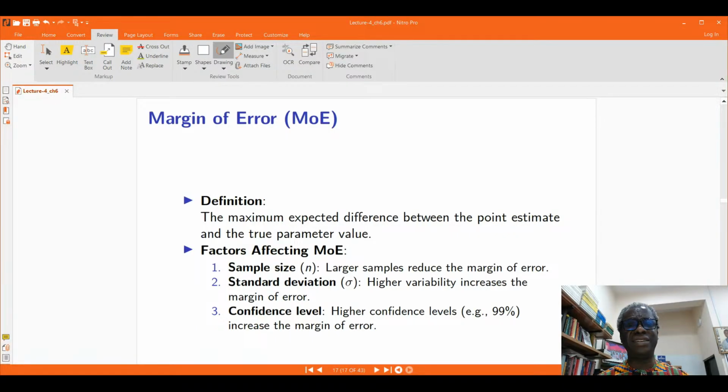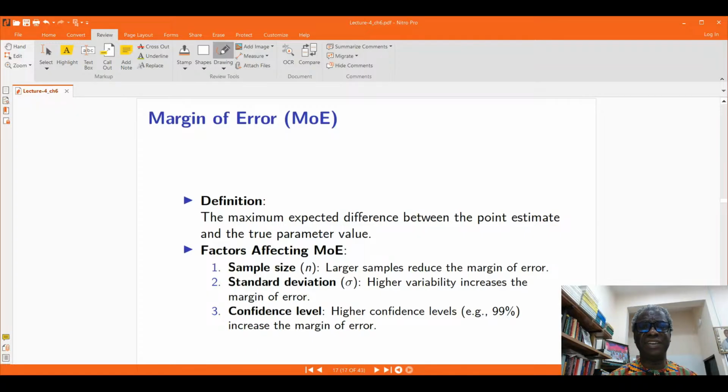For sample size, if you take enough sample size, the margin of error will reduce. It will be very small. So in other words, it will make the width shrink.